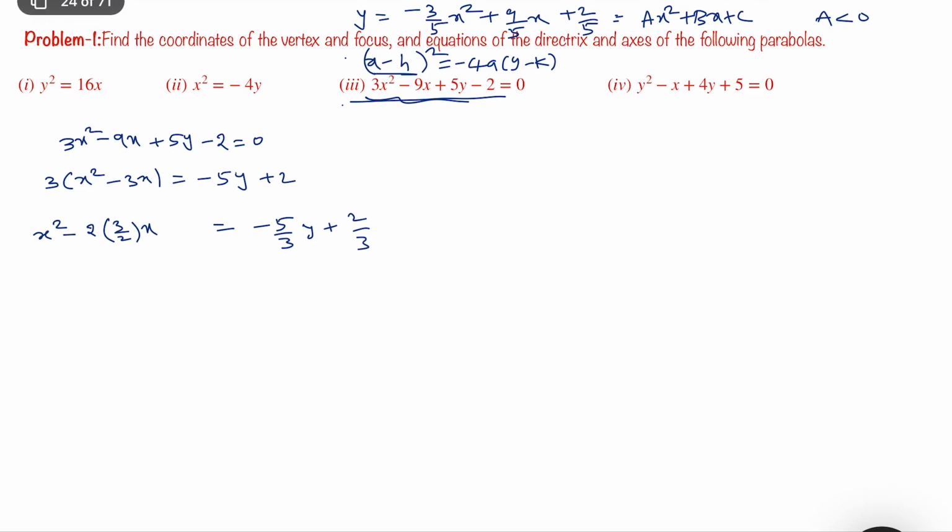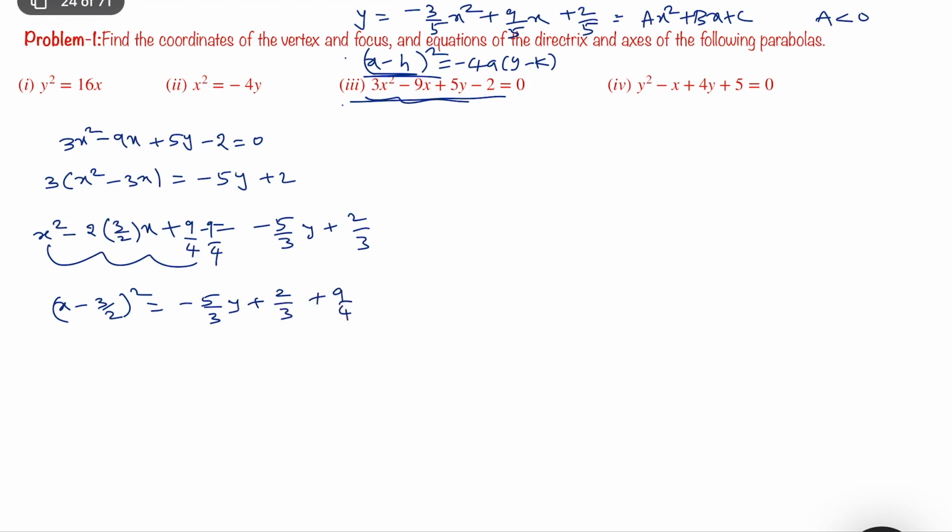On the left-hand side I want a square, so here I want to complete the square. For that I want to add and subtract 9 by 4. Let me add and subtract 9 by 4, so that this part will complete the square. Now we can write x minus 3 by 2 whole square. If I take this minus 9 by 4 to the right side, then we have minus 5 by 3 y plus 2 by 3 plus 9 by 4.